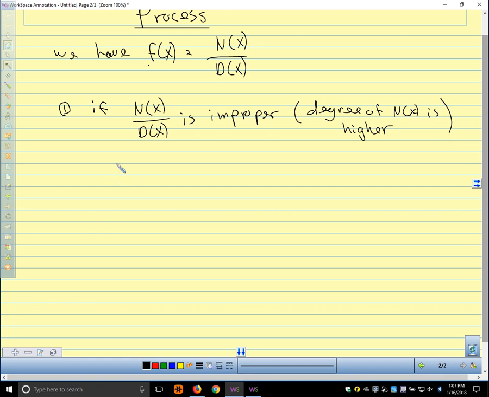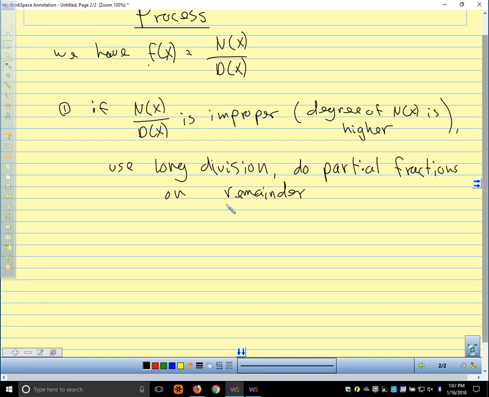If that is the case, we use long division. And this is a part we'll reconnect with in chapter 2. Use long division and then do partial fractions on the remainder over d of x.